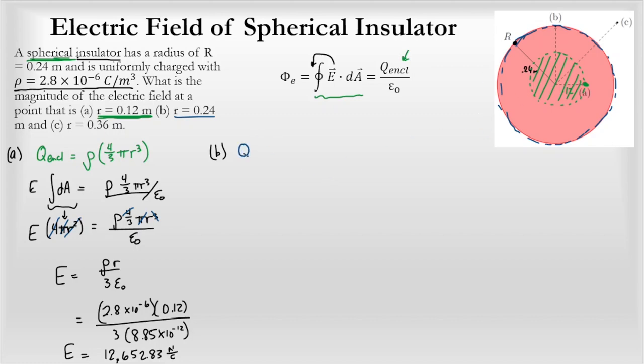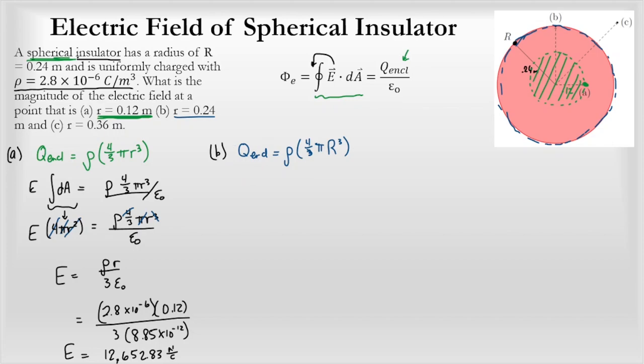So when I look at Q enclosed, I'm going to have the same situation, rho times 4/3 pi r cubed, and the r in this situation is not going to be little r, some little r within. It's going to be the big R, the radius of the sphere. The whole sphere is inside our Gaussian surface. So we want to account for all of the charge that's in the sphere.